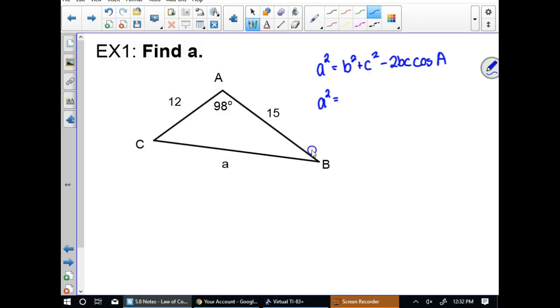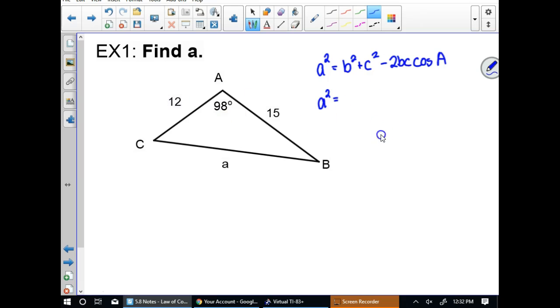So side B, what is side B for this problem? 12. Now, does it matter, really, which one's B and which one's C? You're adding these together. You're multiplying here. Does the order of addition or multiplication matter? It doesn't. So if you said it was 15 when side B is really 12, it doesn't make a difference.